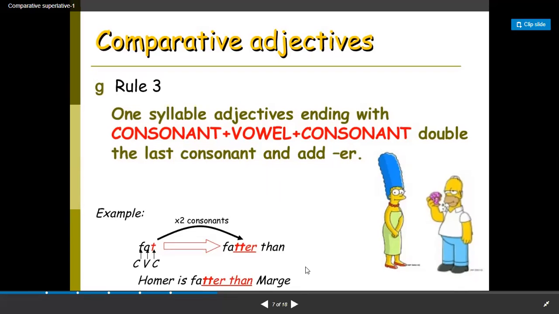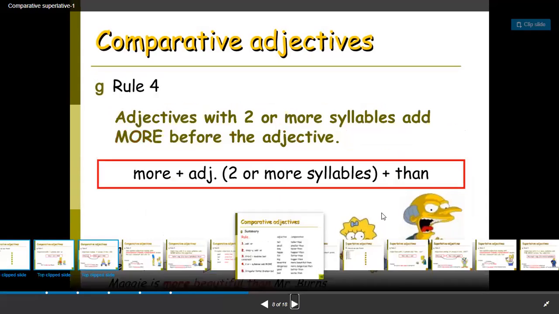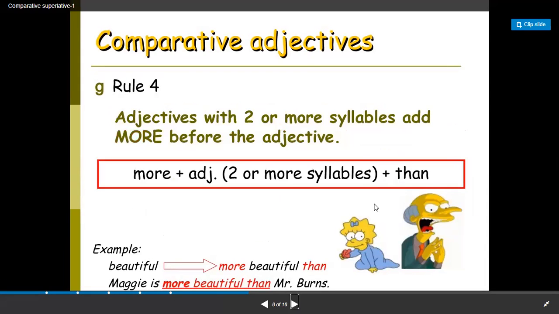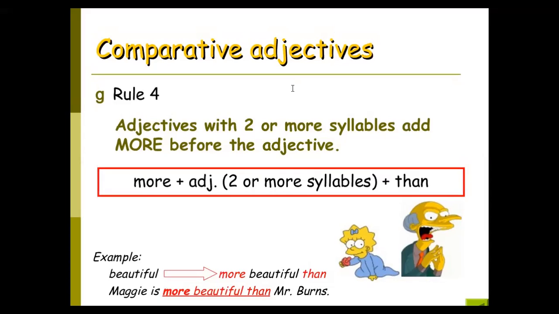We are still in the short adjectives now. Okay, if I have a long adjective, like the word beautiful, gorgeous, or fantastic, try right now to compare between two people using these words. Can I add er?